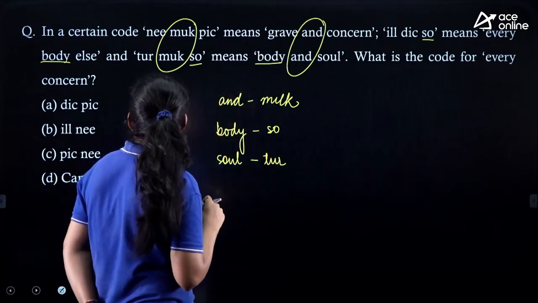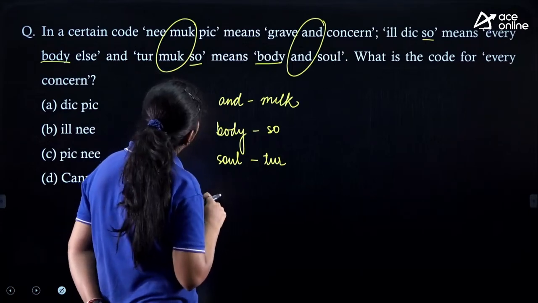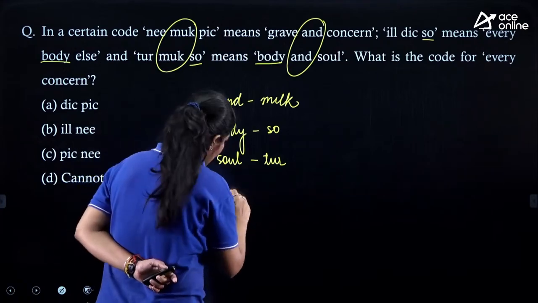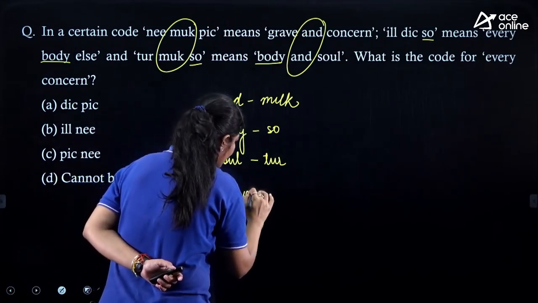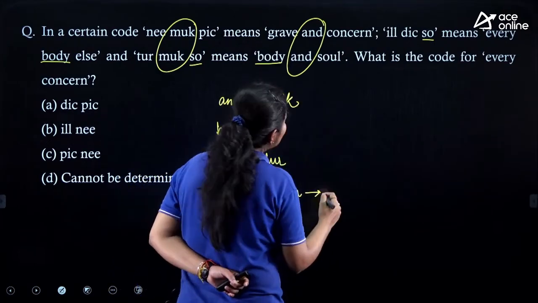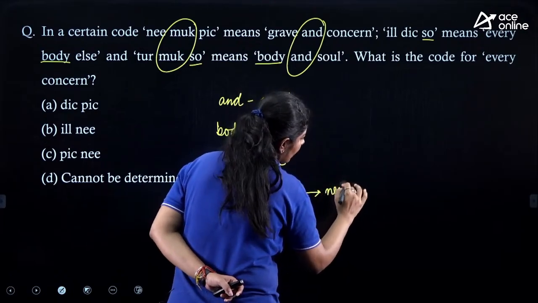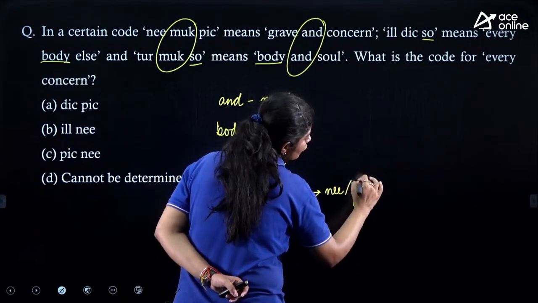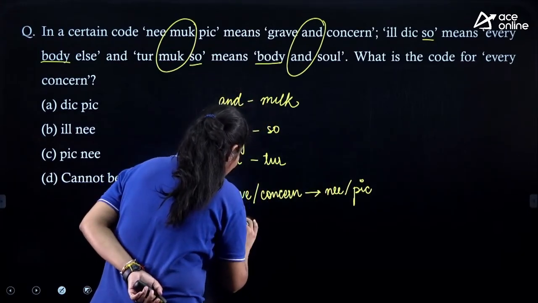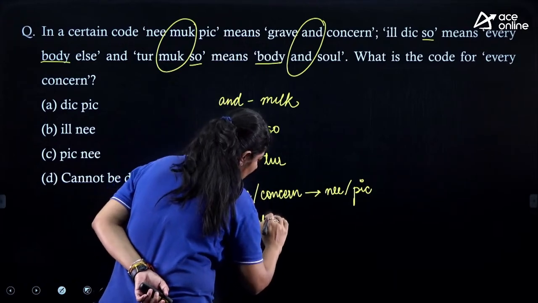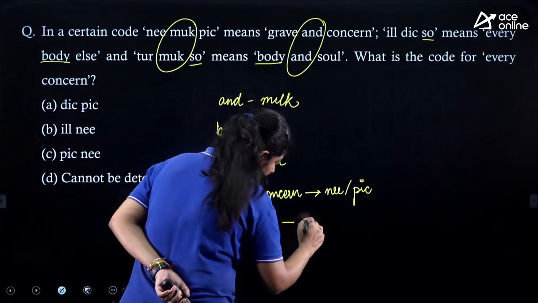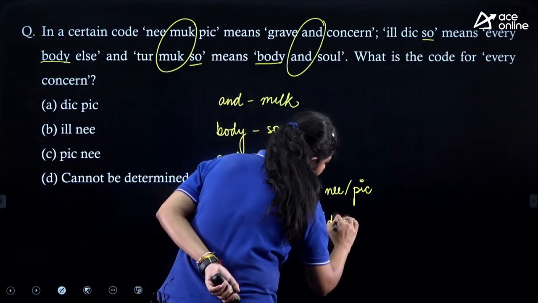Okay, and for every else and grave concern, we are not having the specific codes, but we can say that for either grave or concern, we are using a code that is either NEE or pick, but we are not sure which word is used for which code, right? Similarly, for every and else, the codes that we are having over here are L or DIC, right?